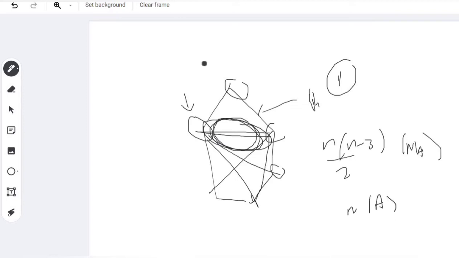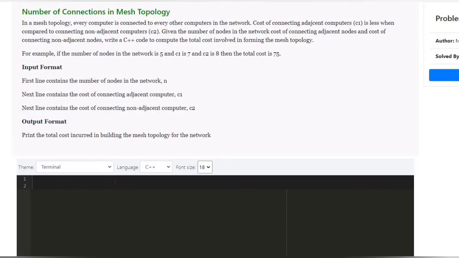Now I will simply show you the code. Let us write the code first. First of all, we will take the input: C1 is input, C2 is input. For connection of adjacent, the price would be C1 times n.